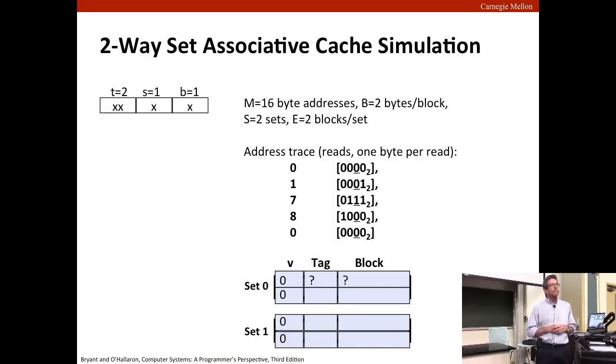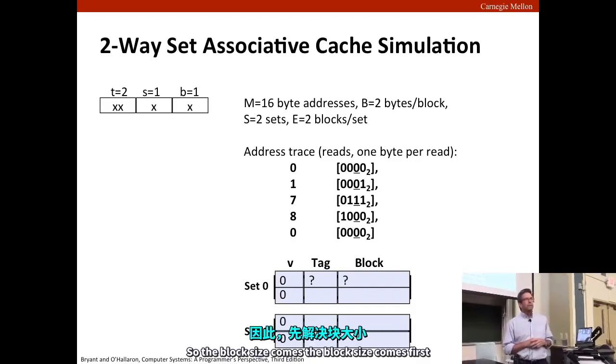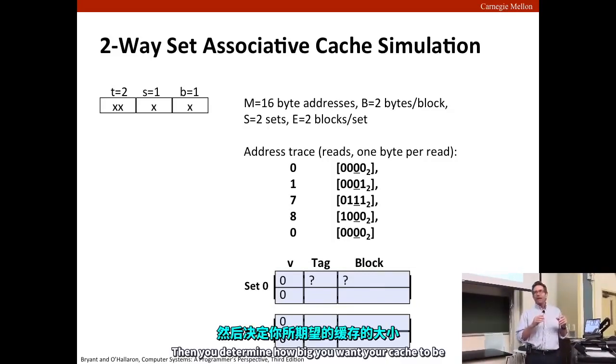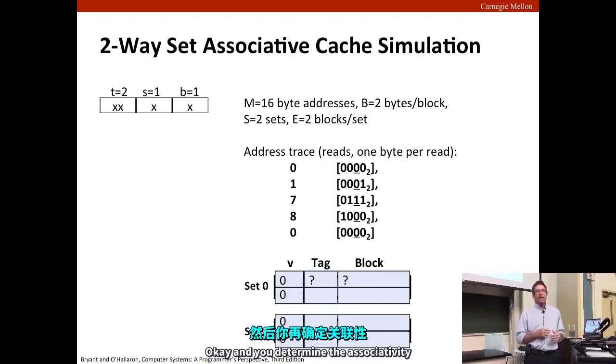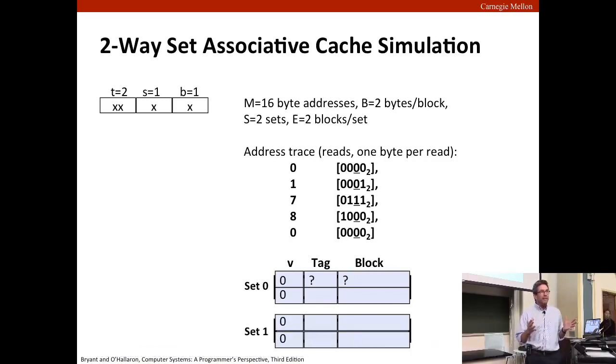So the block size comes first. Then you determine how big you want your cache to be. And you determine the associativity. Once you've determined the associativity and you know how big your cache is, that determines the number of sets.